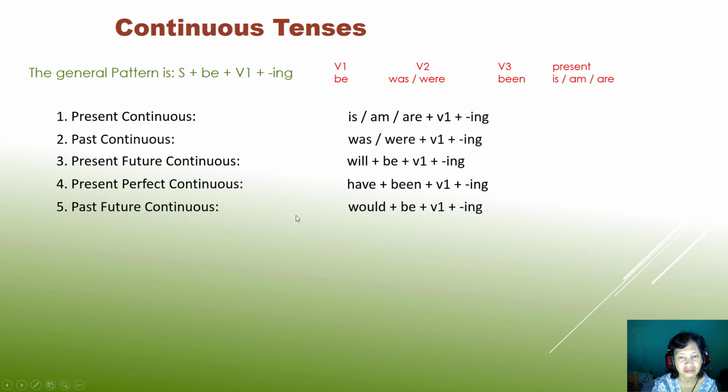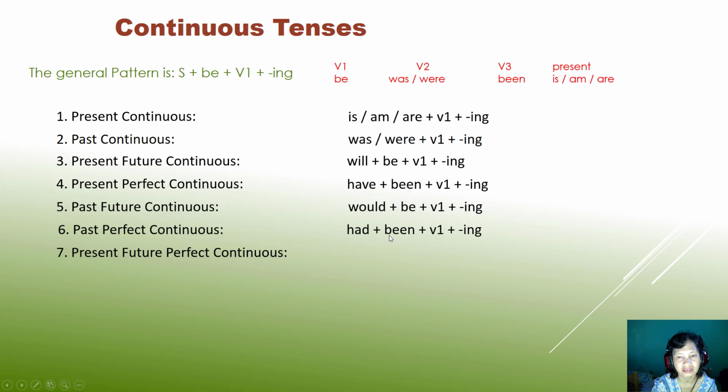And then past future continuous, we have would, will is changed into would, plus be, again the same. Past perfect continuous, have is changed into had, still the same, been, and verb 1 ing.